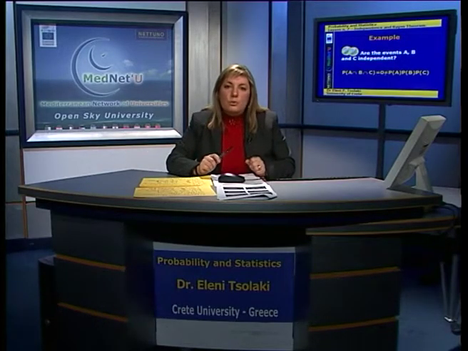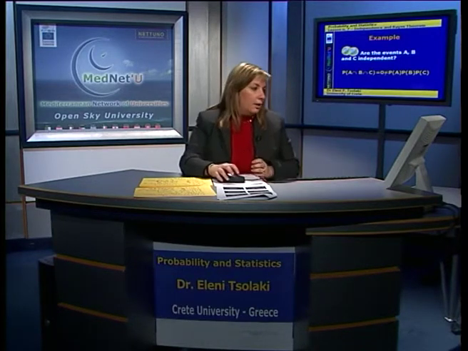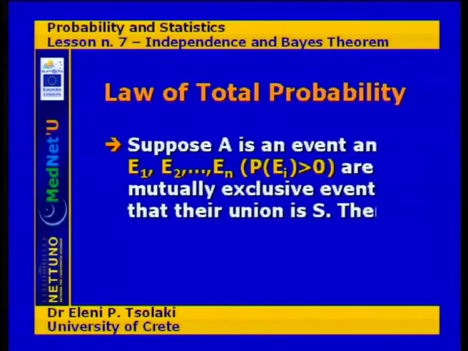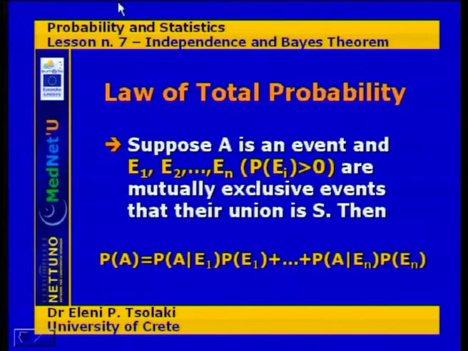Now we are going to see the law of total probability. Suppose A is an event and E1, E2, En are events which have probability greater than 0.